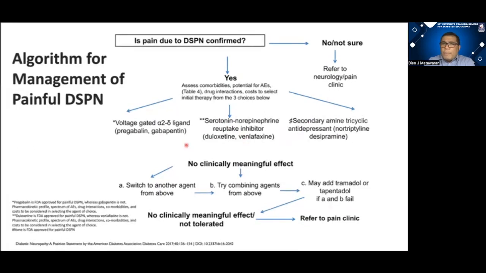If there's no meaningful effect with monotherapy, you may consider switching to another agent or trying combination therapy to achieve a meaningful clinical effect if not tolerated.